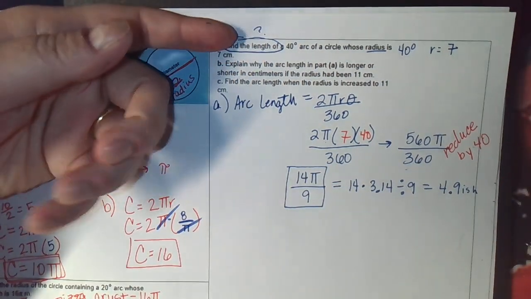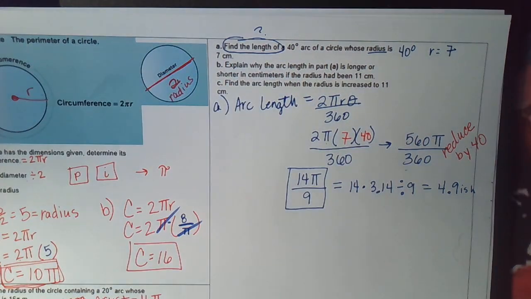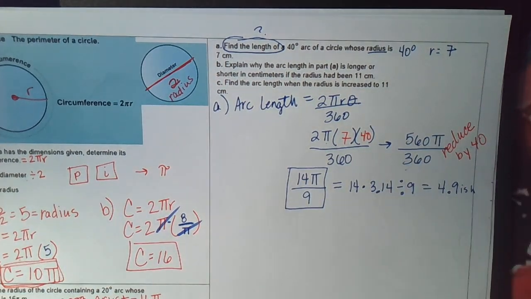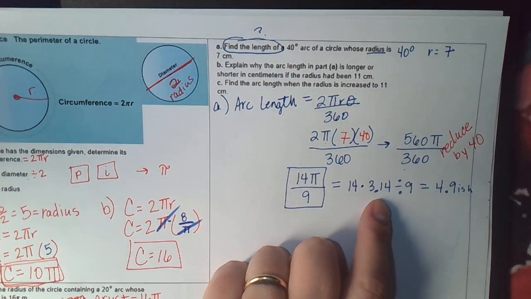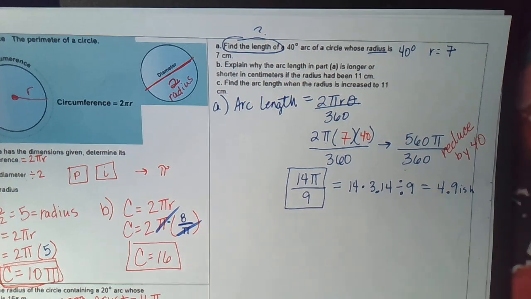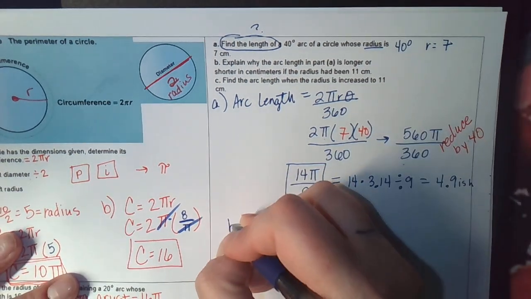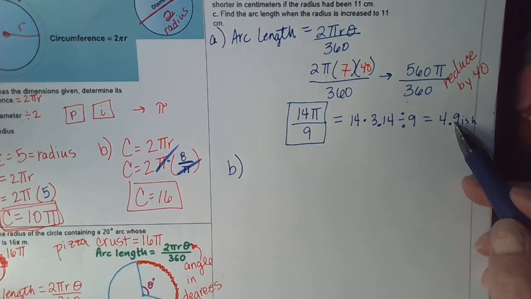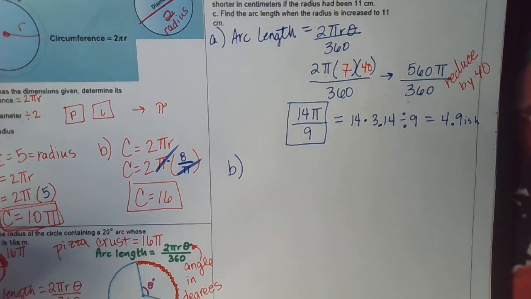But part B asks us to compare the size. And we don't really know what that is as a number without the pi. So we typed in 3.14 for the calculator, and we got 4.9. Okay. Part B says explain why the arc length in part A, 4.9, is longer or shorter in centimeters if the radius had been 11.